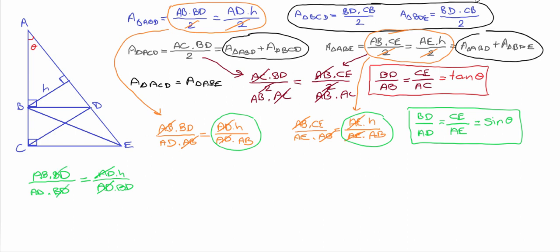Previously we had proven that the area of ACD is equal to the area of ABE. So from here I can take this part and say that it is equal to the area of ABE, which is AE times H divided by 2.